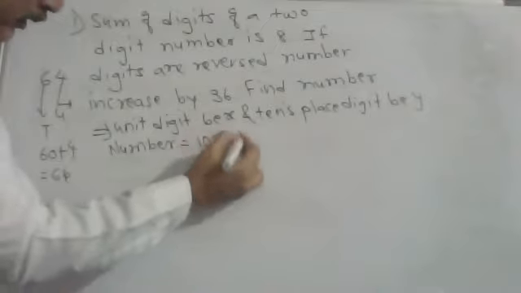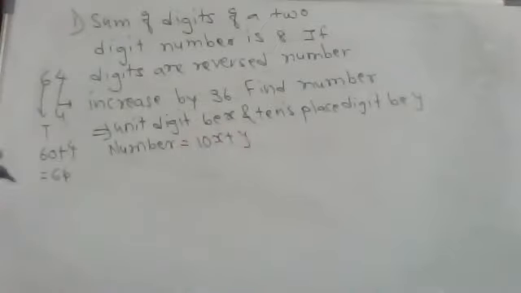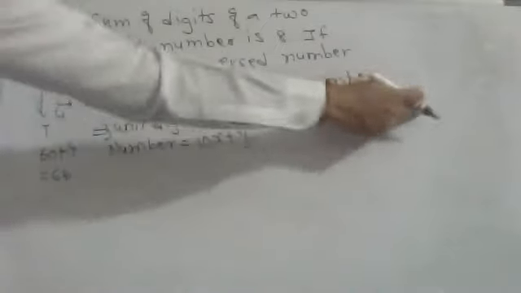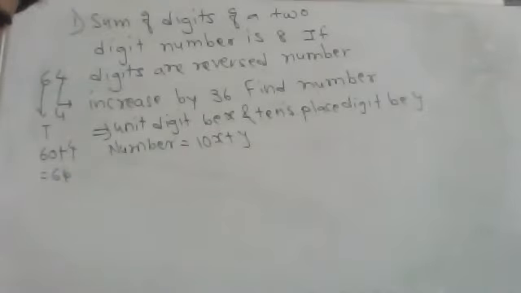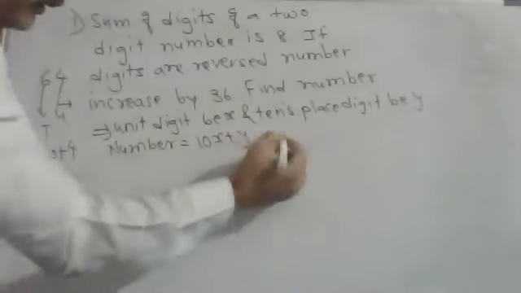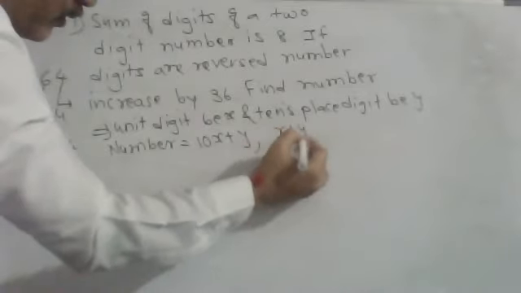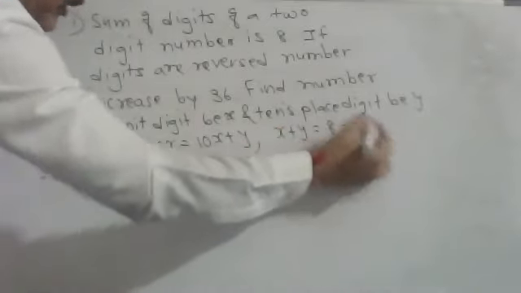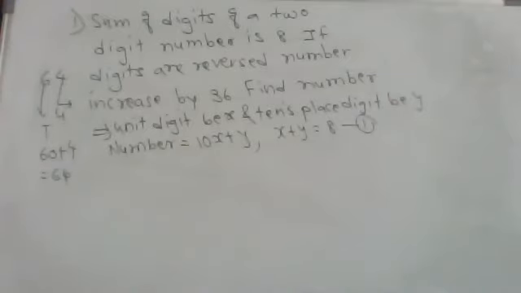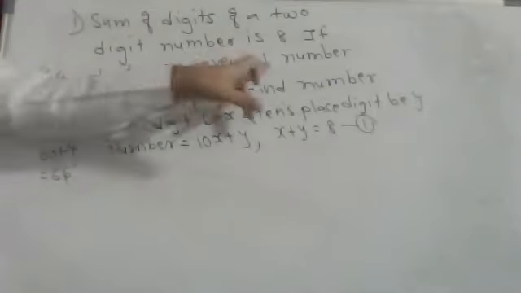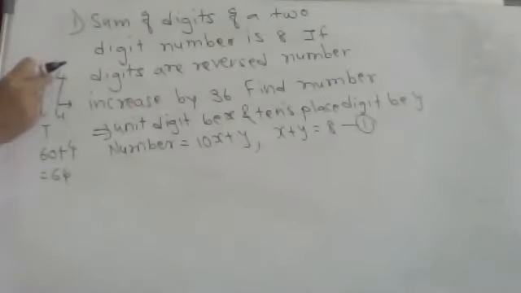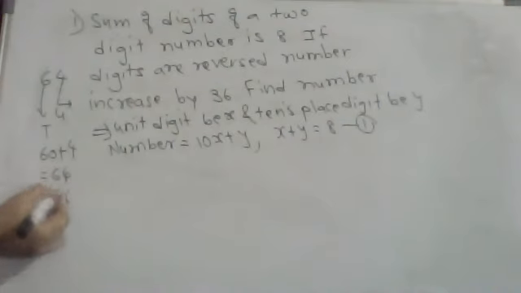10x plus y. And the second condition is given. Sum of digits is given. X plus y is 8. This is the first equation. Now, if digits are reversed, it means 64 will become 46.